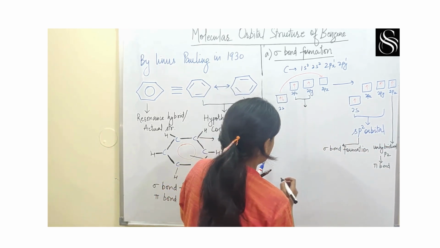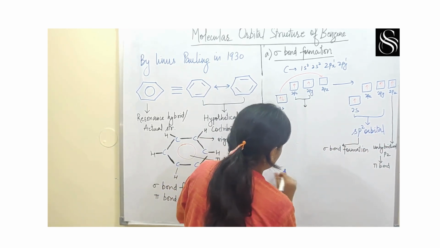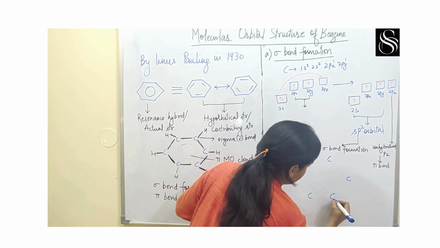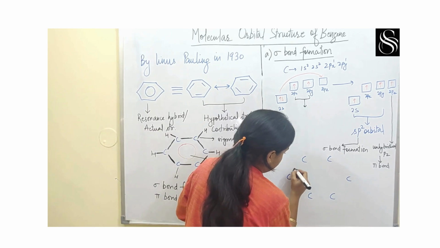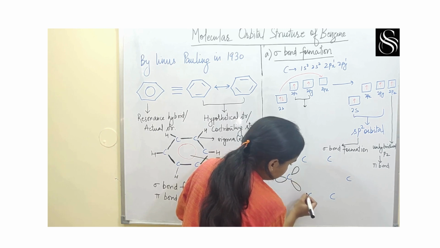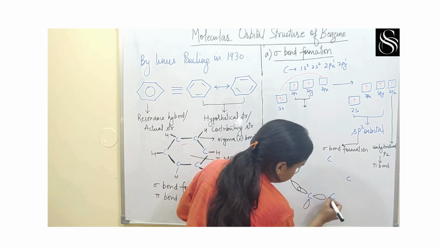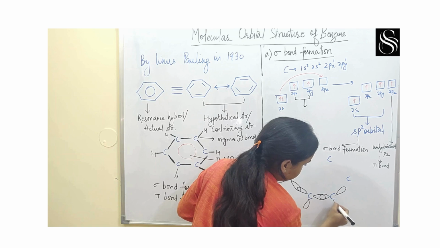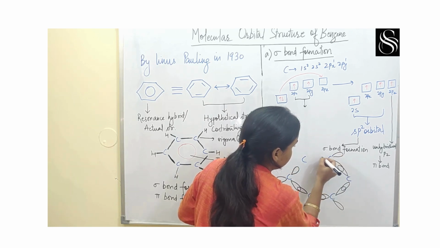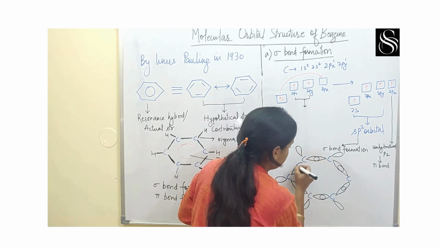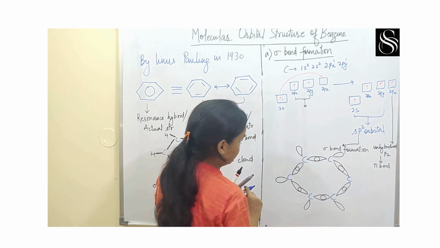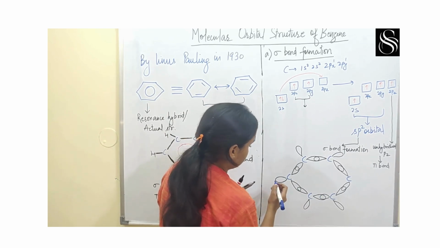Now we can see this. Each carbon has sp2 orbitals. And each carbon is also attached to the s orbital of hydrogen.